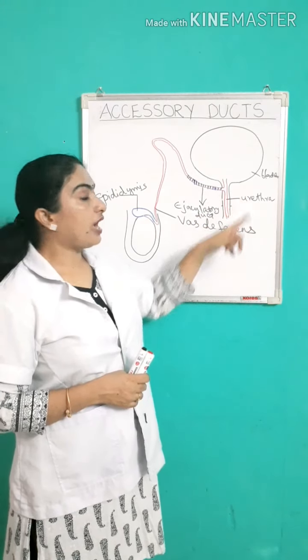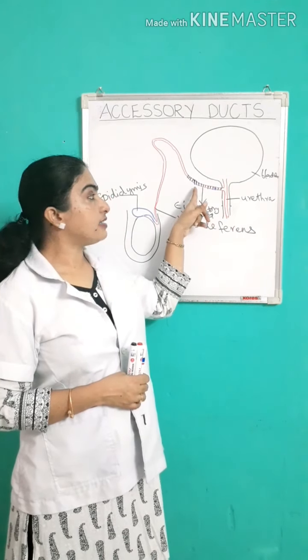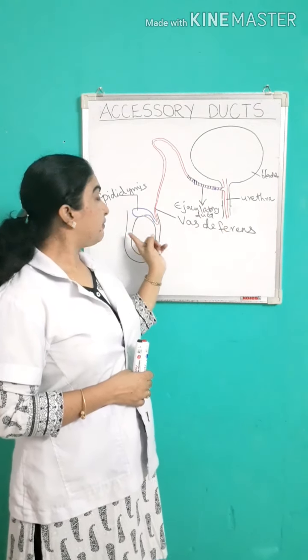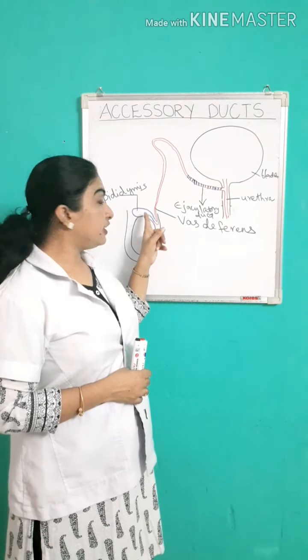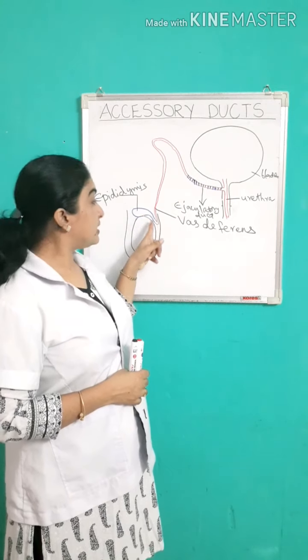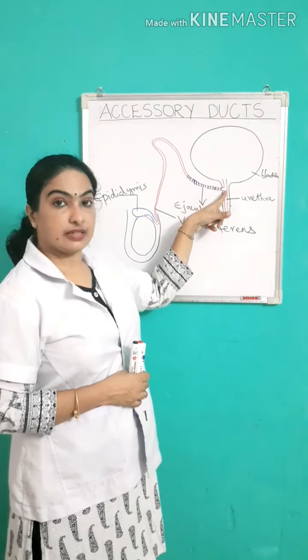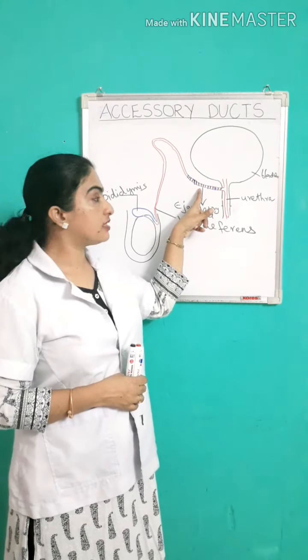Here the urethra acts as a common passage of both urine and sperm, because sperm is coming from the seminiferous tubule, then into the rete testis, then into the vasa efferentia, then into the epididymis, and through the vas deferens it finally enters into the urethra through the ejaculatory duct.